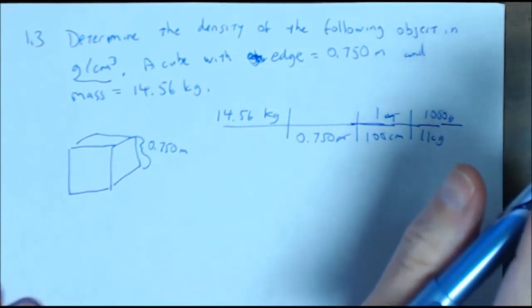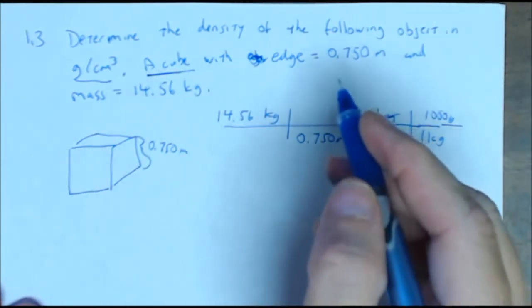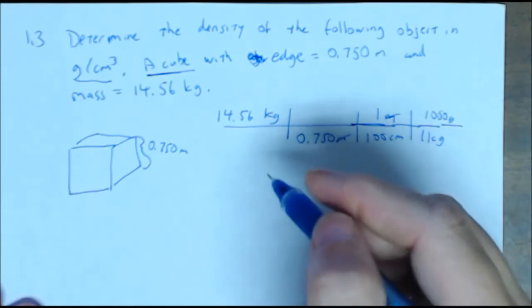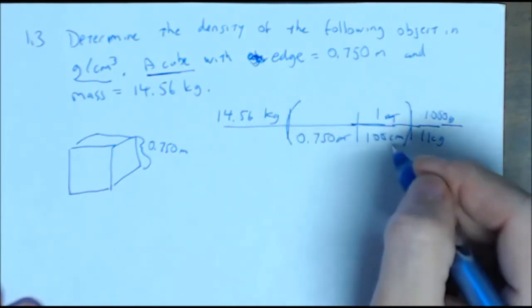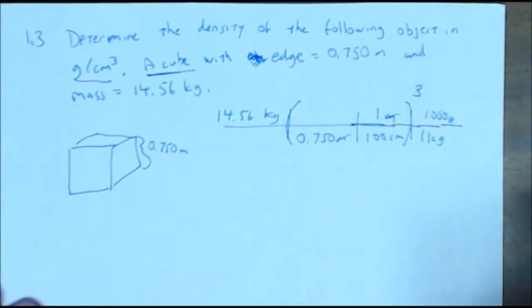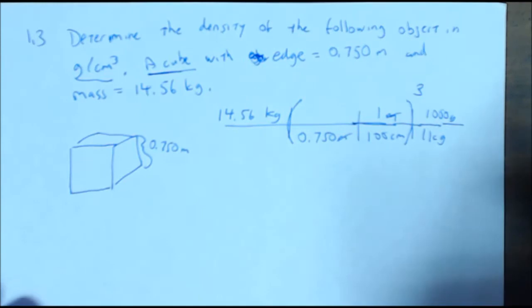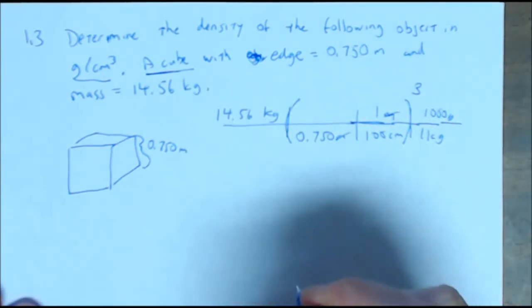Now there's one thing that you need to be aware of, and this is that it's a cube. It's a volume problem. So I have to put this into 3 dimensions. So I've got to take the values that I've got here for centimeters, and once I do that, I've got to cube the system. All right? Another way of approaching this problem is to do it this way.